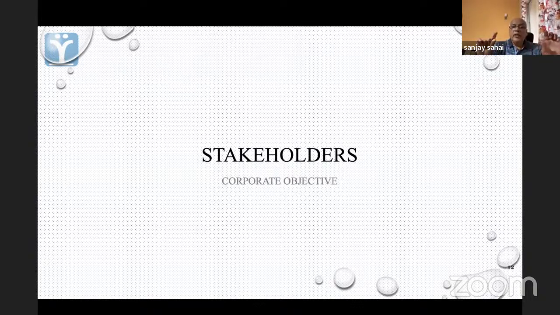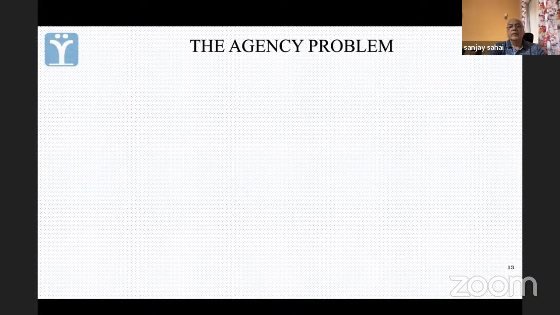So when we talk about corporate objective and we write the word stakeholders, we are suddenly expanding the objectives of the company beyond wealth maximization. Now it is no longer about just making money. There are other things coming here. Okay. In that context, let us look at the agency problem.